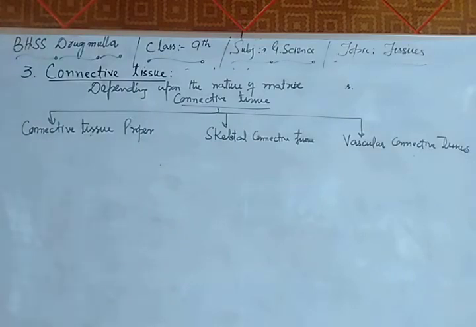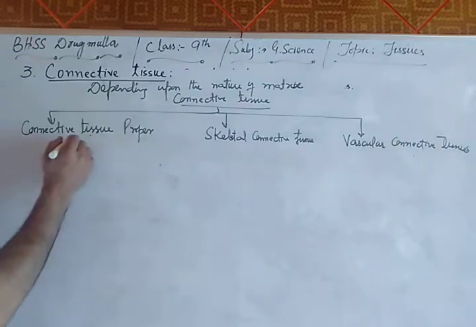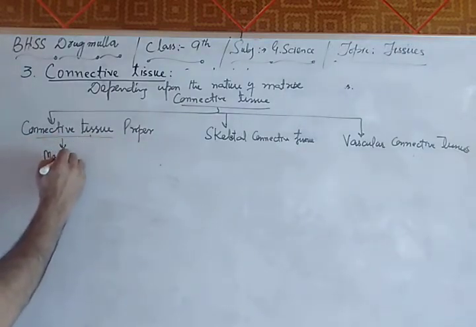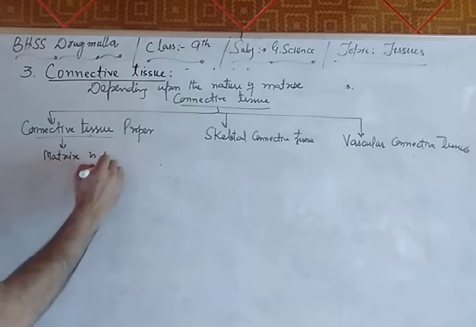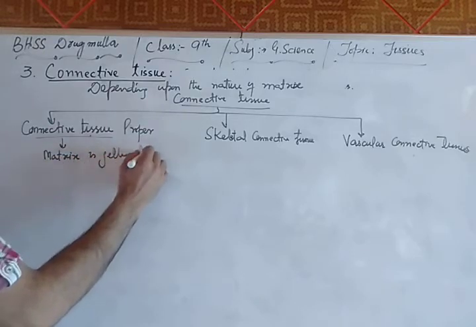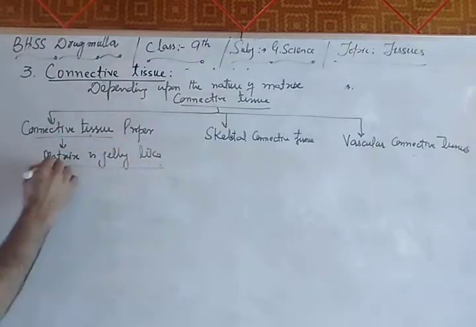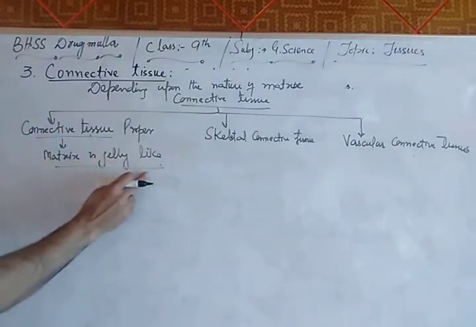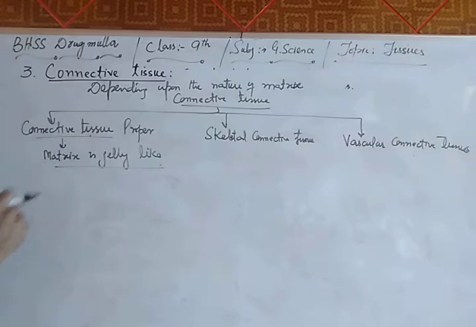So these are the three types of connective tissues present in our body depending upon the nature of the matrix. If the matrix is jelly-like, then we call it the connective tissue proper.